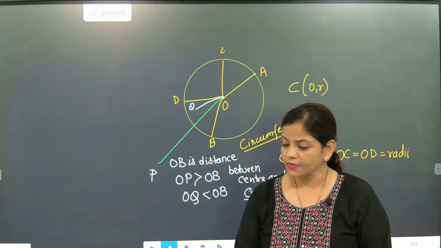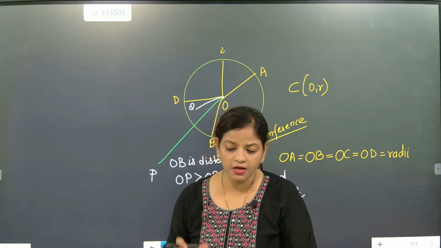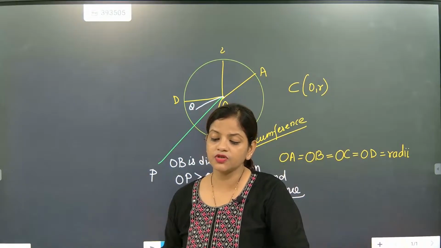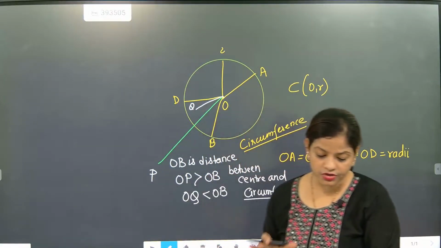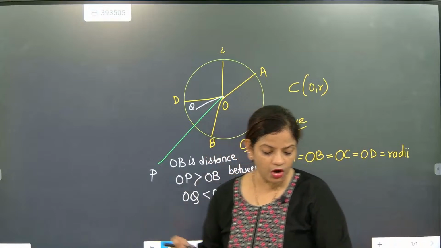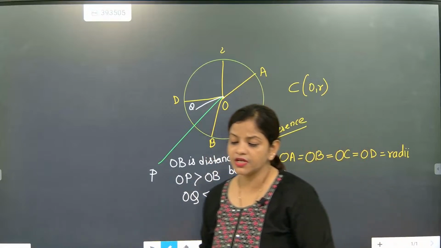Arunisha, Tanisha, did you get this point, beta? So what is exactly this distance called? I hope you have understood this is considered as radius. Okay, beta. Now we are going to talk about what is the meaning of circular disc.